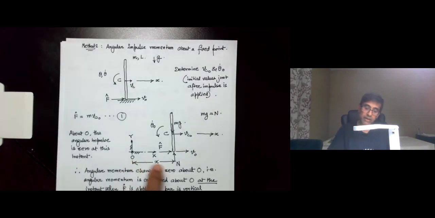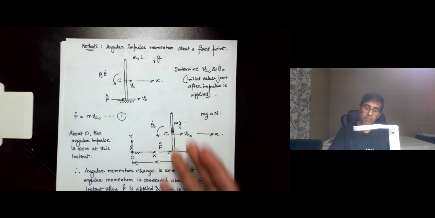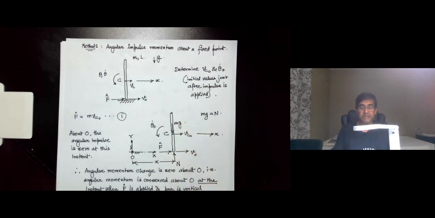And with this, about this point on the ground, or for that matter any point on the ground, the angular impulse due to all these external forces was equal to 0. And because of this, for that instant when the impulse is applied, we had conservation of angular momentum.